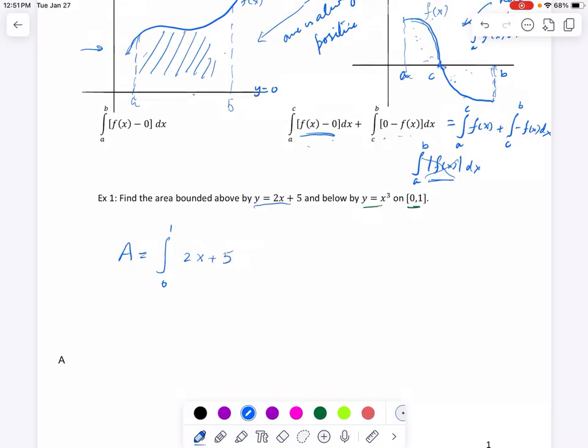The negative x cubed. Now, when you write these, so this was our f of x in the formula, keep these in parentheses. Negative x cubed. And why is it important to keep parentheses here? Because if the second function has more than one term, and you don't distribute the sign, it will not be correct.